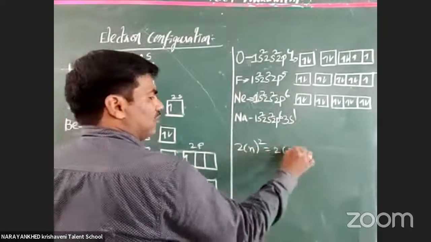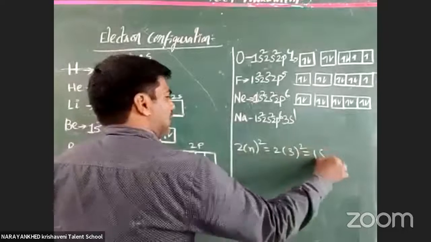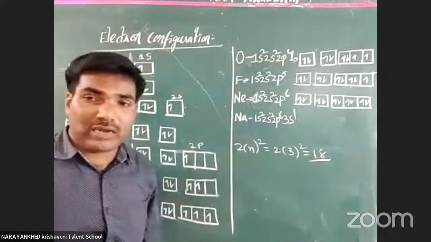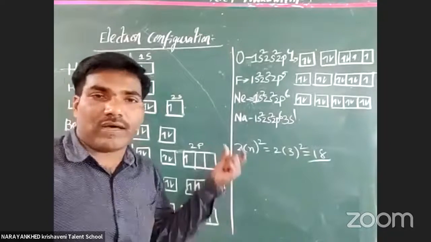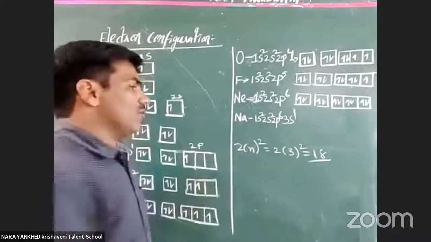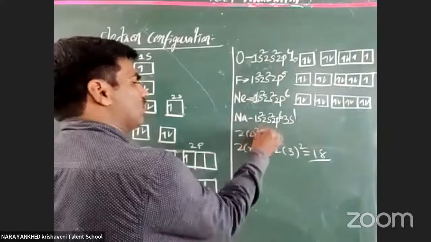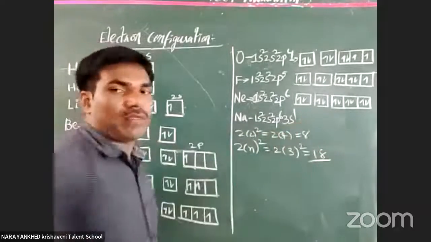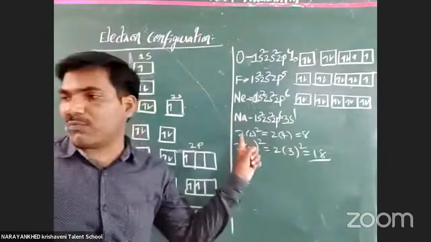Here n is equal to 3, so totally 18 electrons. 18 electron capacity is there for the third orbit. Like that in the second orbit, 2 into 2 squared, that is 2 into 4, that is 8. Got it or not? 8 filled up to here.